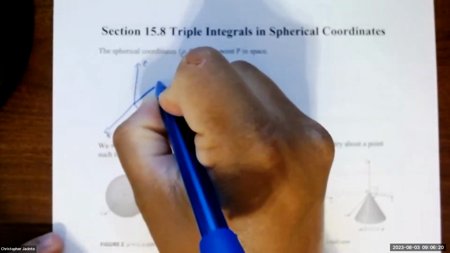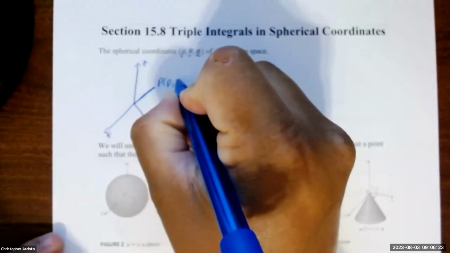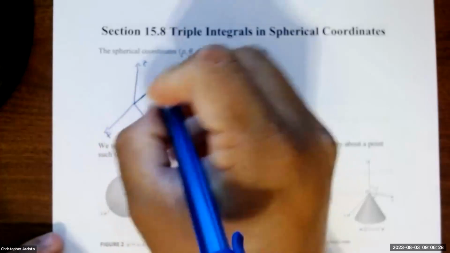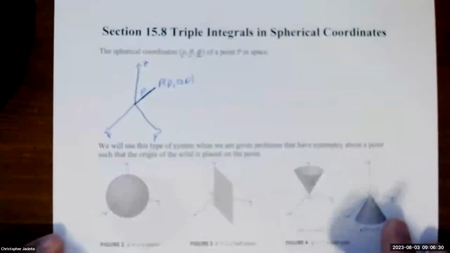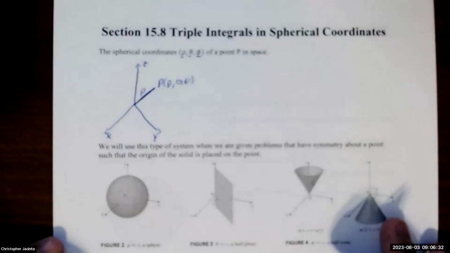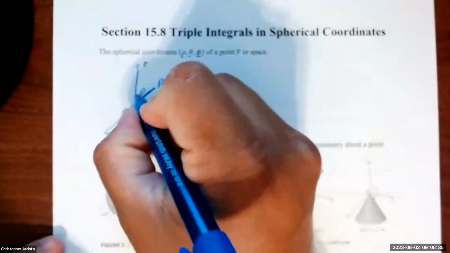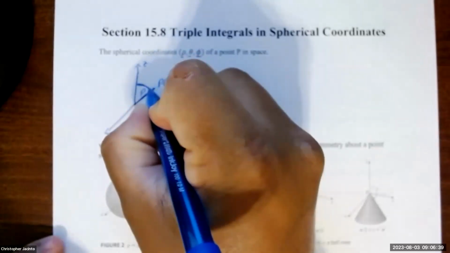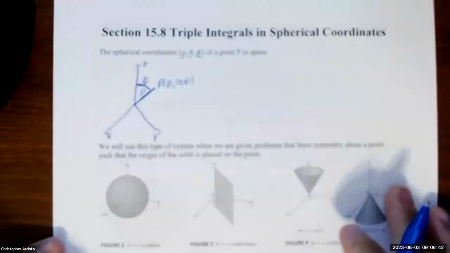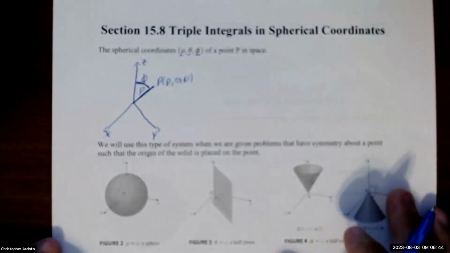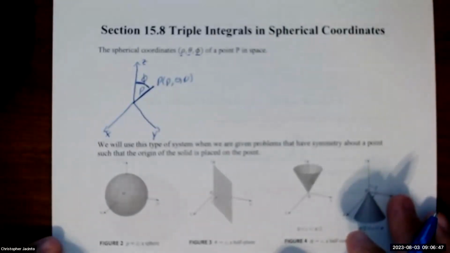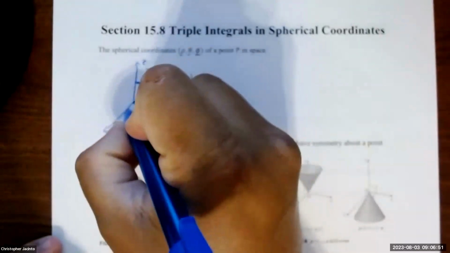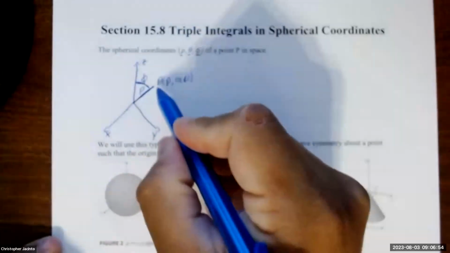Here's my point, rho, theta, and phi. So this length here represents rho. This angle from the z-axis to here is the angle phi. And then theta goes from the x-axis and how much I'm rotating all the way around.